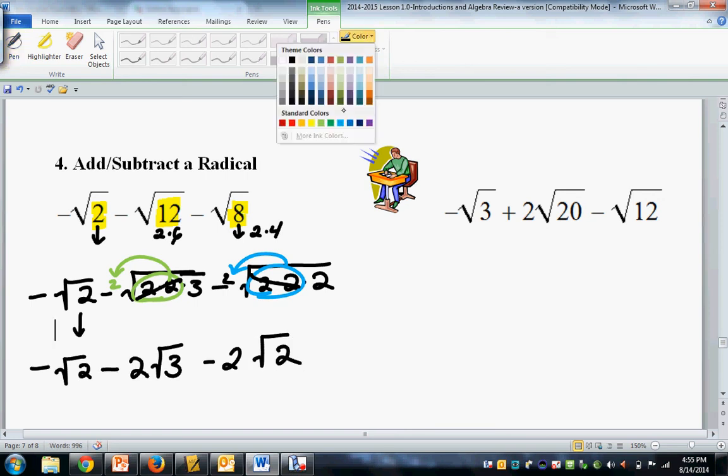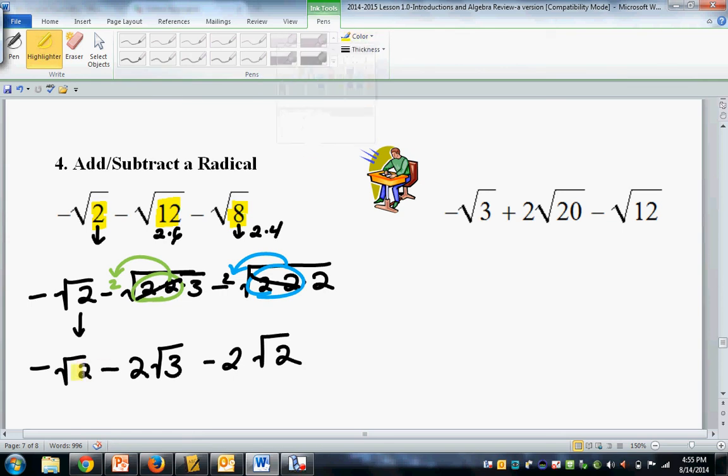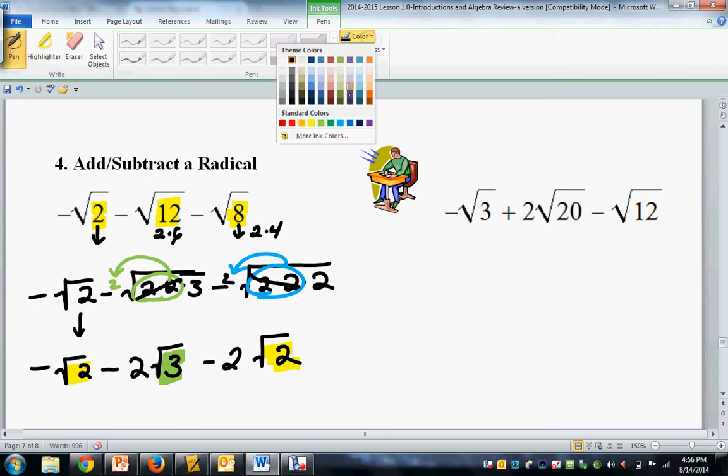Now when you add or subtract radicals, all you do is you collect like kinds, just like x's and y's. There's a root 2 here and a root 2, and then this is root 3. Root 3 is not an alike kind, so I'm going to collect my alike kinds. So I do this.